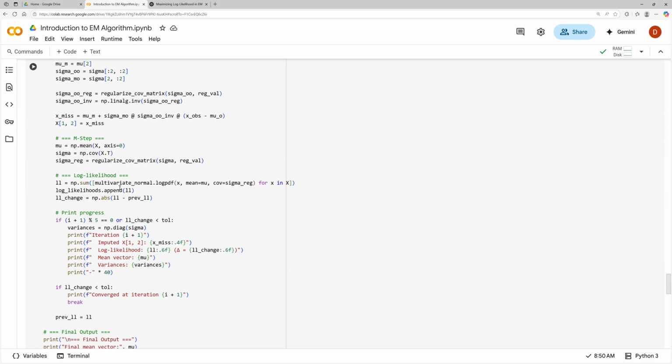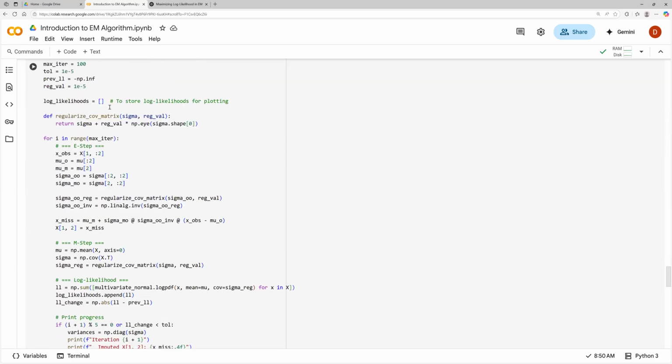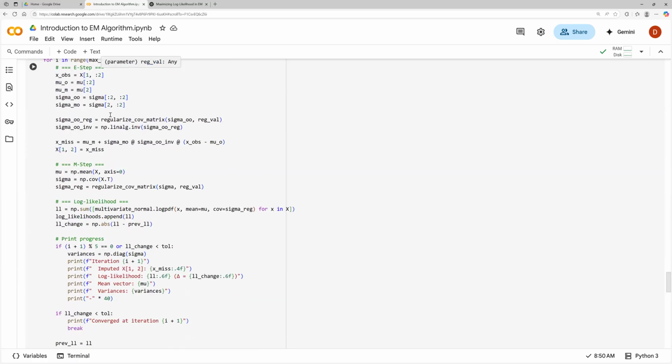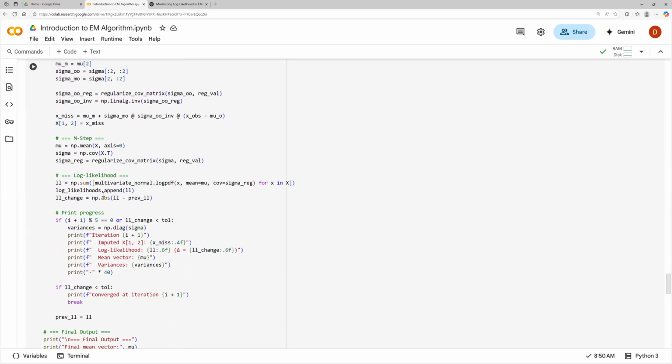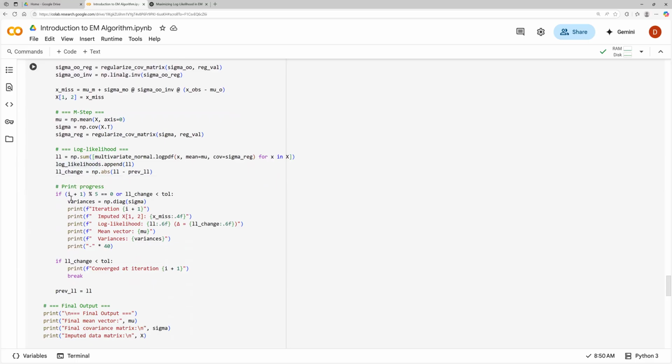Now after each log likelihood run, we append it to that list. And then we track the change, and then I print out a bunch of iterations. We impute each time the x12, the log likelihood, the mean vector, and the variances.